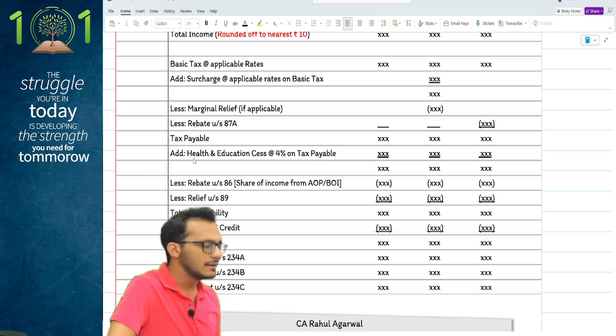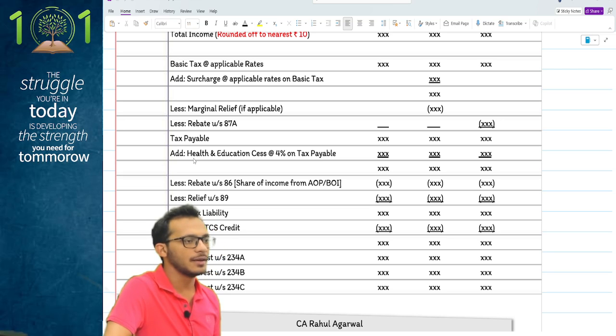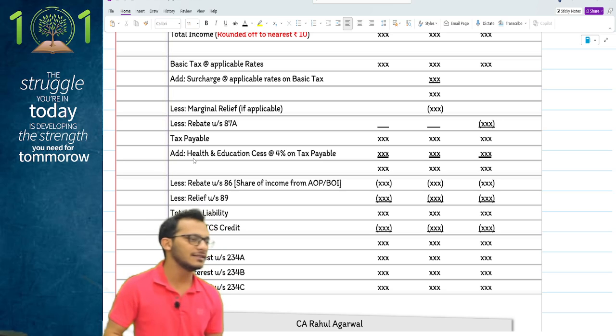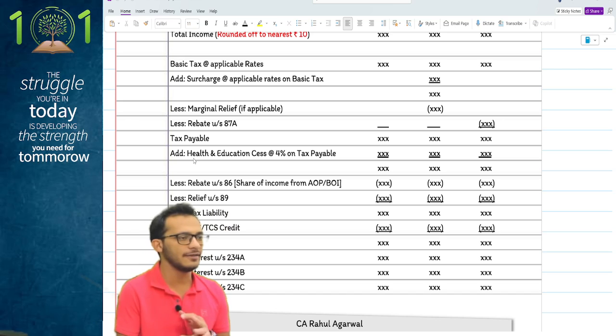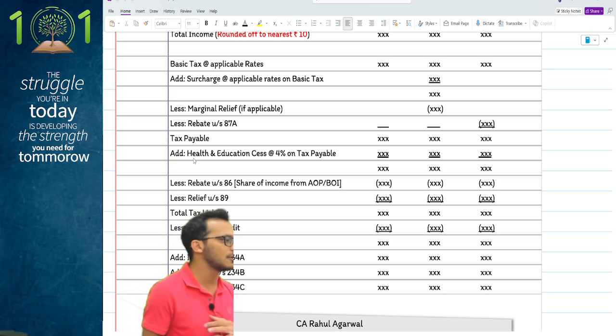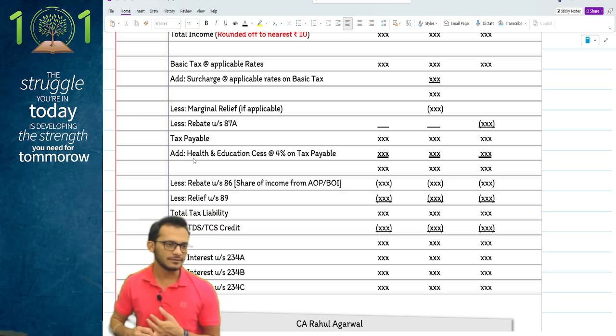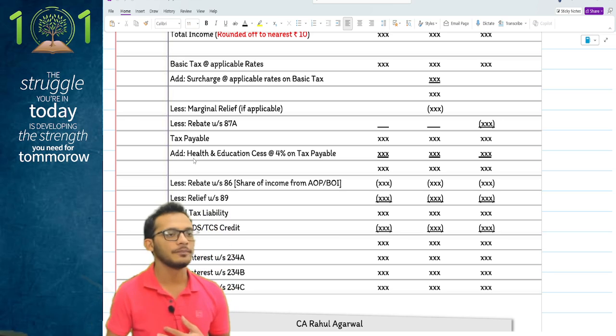It is 0 to 3 lakhs 0, 3 to 5 lakhs 5, 5 to 10 it becomes 20, and after 10 it becomes 30. Yes or no? The only thing which changes, 2.5 became 3 everywhere. Therefore, you ended up saving tax on 50,000 at 5%, which is your 2,500 rupees. Yes or no?